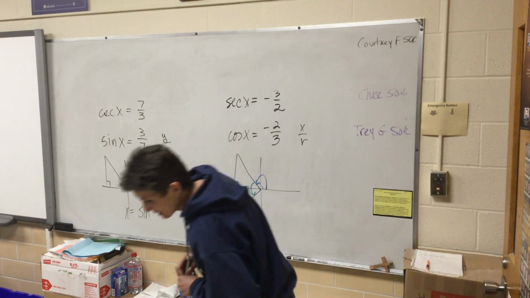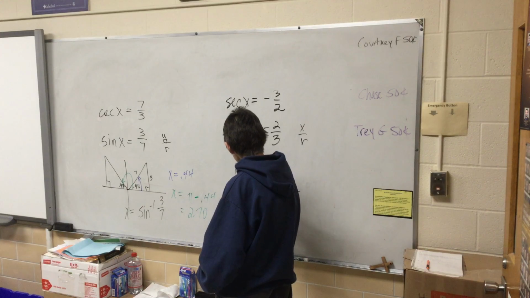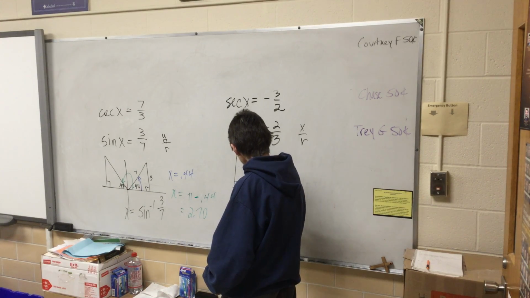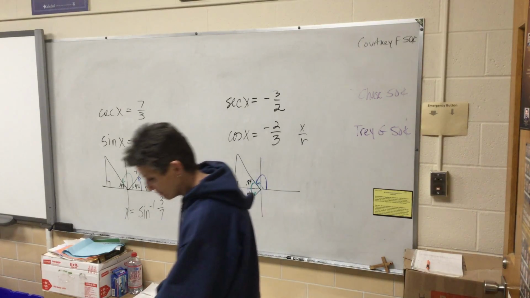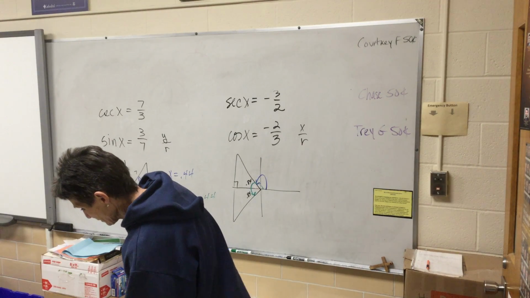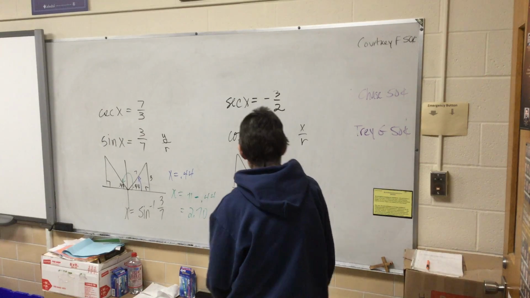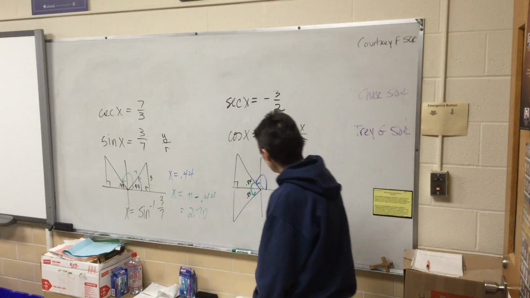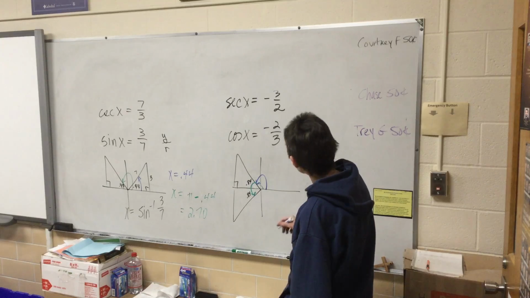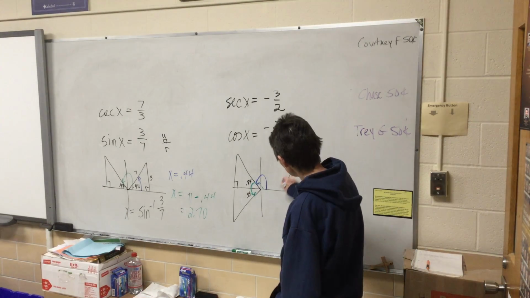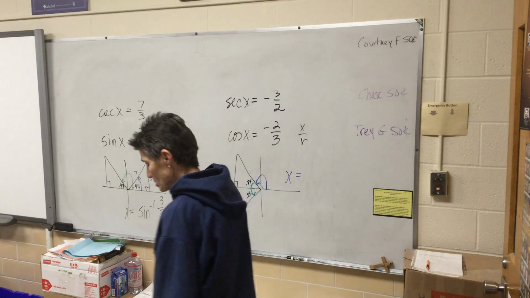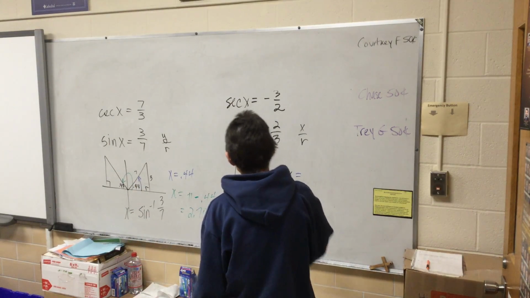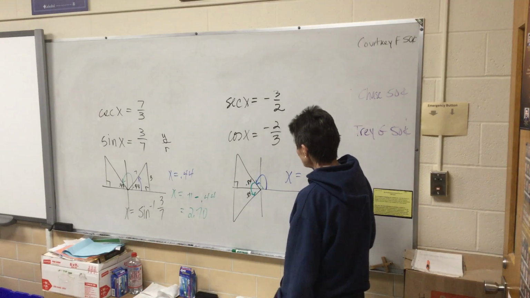So second cosine 2/3 is 0.84. So my reference angle is 0.84. Now I need to find the measure of my blue angle, which is not 0.84. 0.84 will not be an answer to this question. But I'm going to use 0.84 to get the answer.